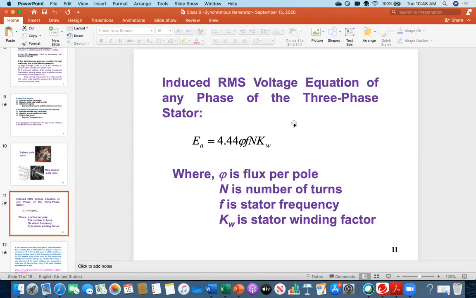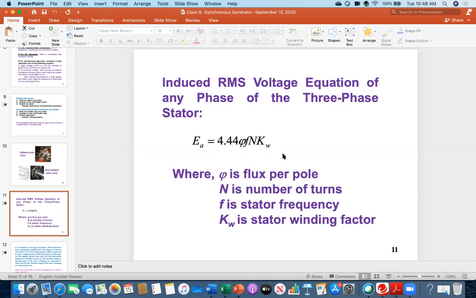we understand that whether it is salient pole or non-salient pole, the coils are producing voltage. Now, what is the amount of that induced voltage? You see, I have written the induced RMS voltage equation of any phase of the three-phase stator. This is for any phase. E_f = 4.44 φ f N K_w.